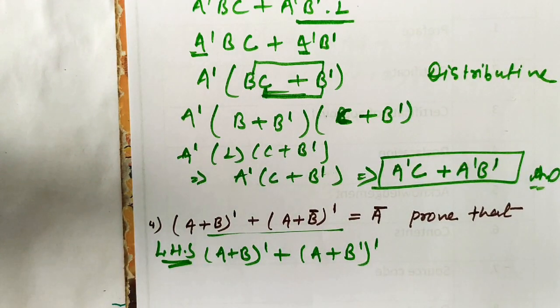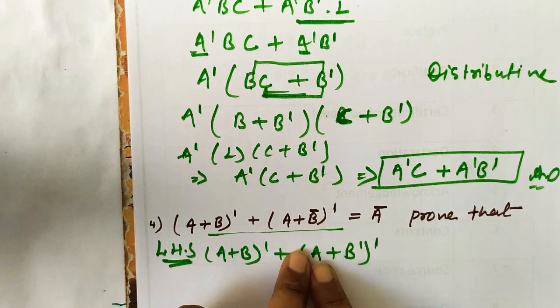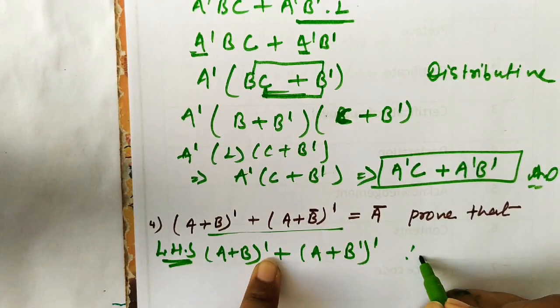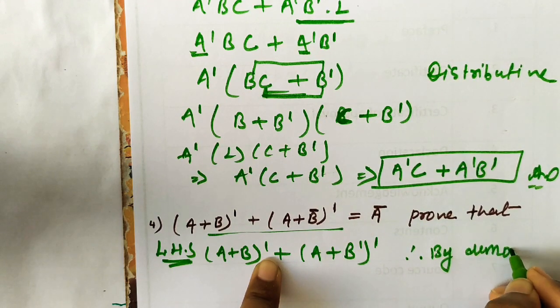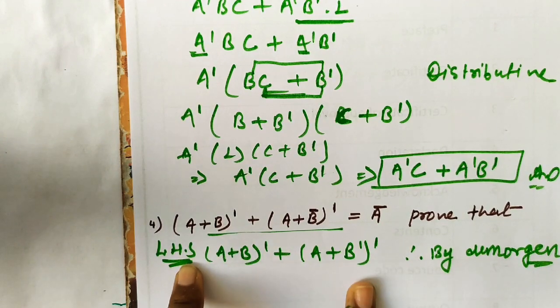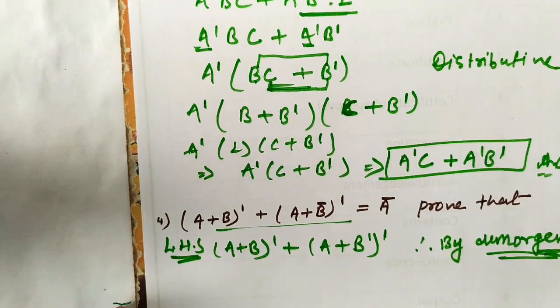So firstly here is (a plus b)' of a plus b, here also (a plus b')'. So this is the whole dash. So we can solve by using De Morgan theorem, because in this firstly we use De Morganization. So by De Morgan theorem.